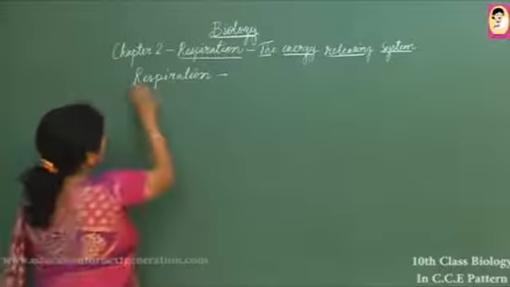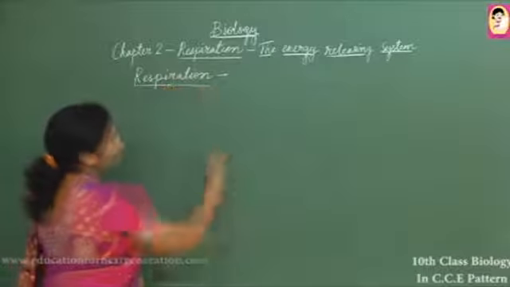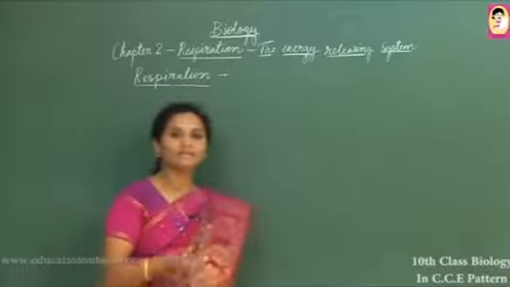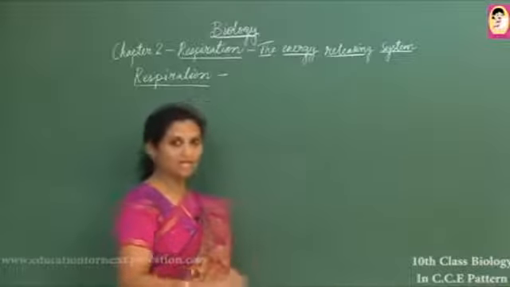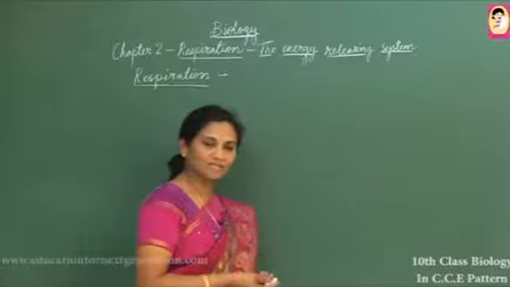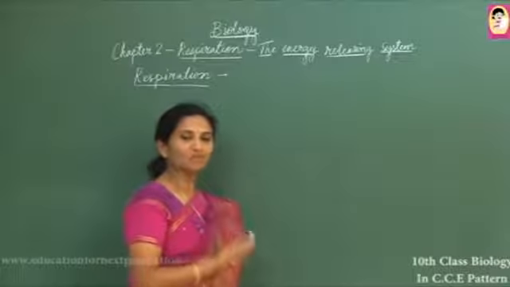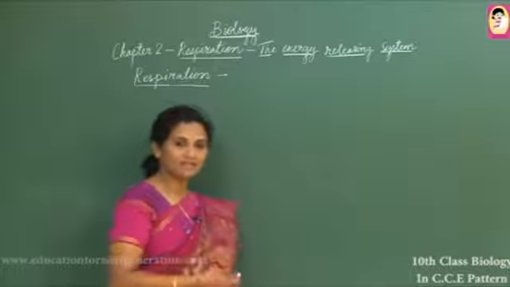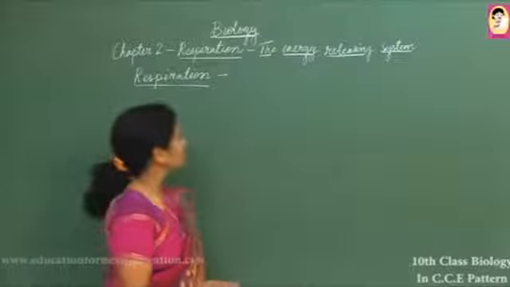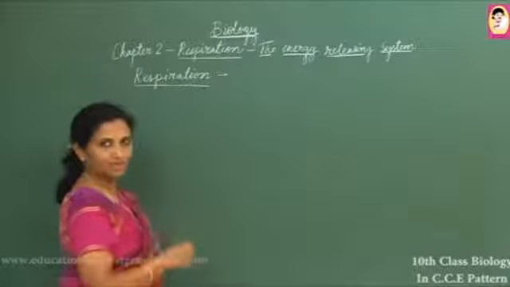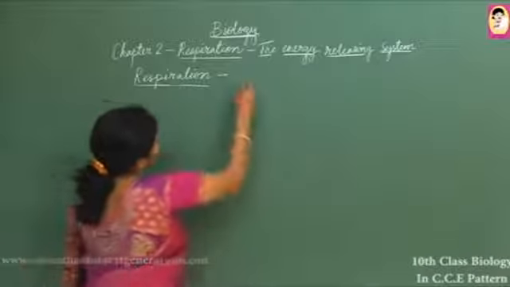Respiration is the process in which the food undergoes oxidation in the presence of oxygen. After complete oxidation of food material, a large amount of energy is released and the end products carbon dioxide and water are also formed. So we can write an equation for this.